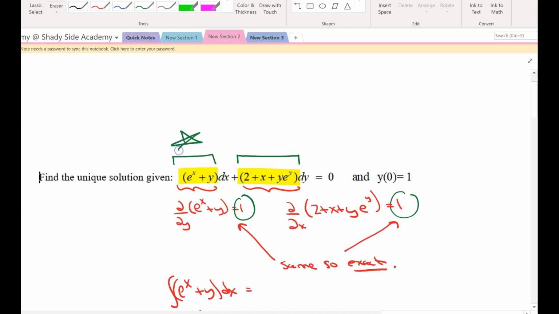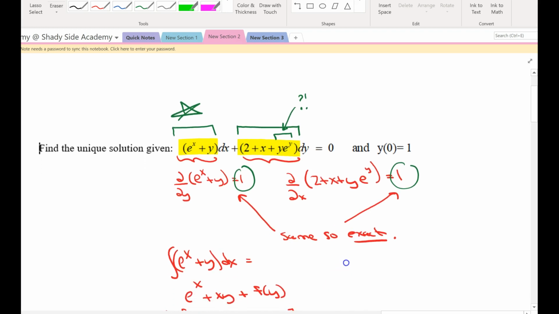I would much rather do this because this side would require integration by parts. Do you see? Very good. So let's take the antiderivative of the partial derivative with respect to x. And when we do that, here we go, right? And here, this is again f of y.